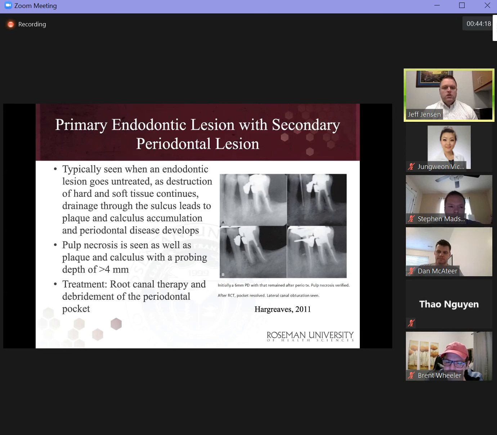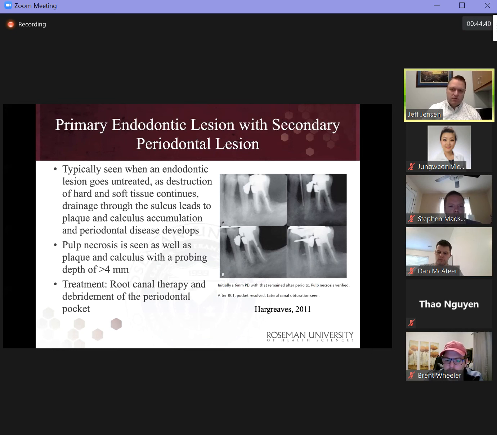Okay, so in this case, again, you're treating the tooth, you're testing the tooth. This tooth has pulp necrosis. Okay, so the tooth is necrotic. But there's also plaque and calculus, and you're probing deeper probing depths and having attachment loss, right? So this is combined.